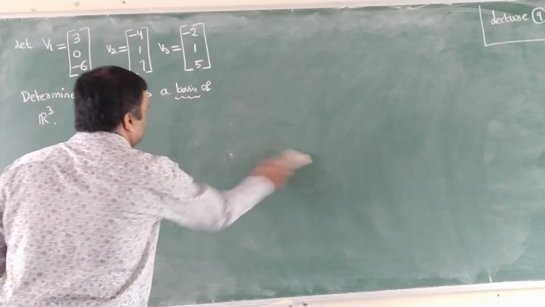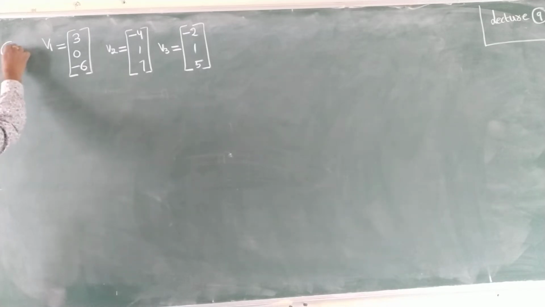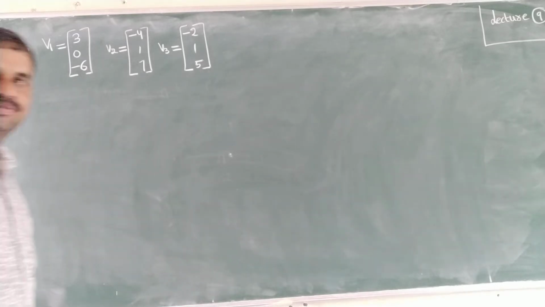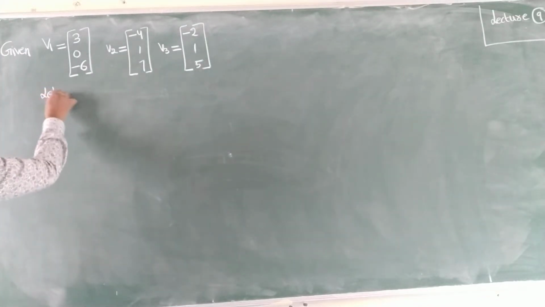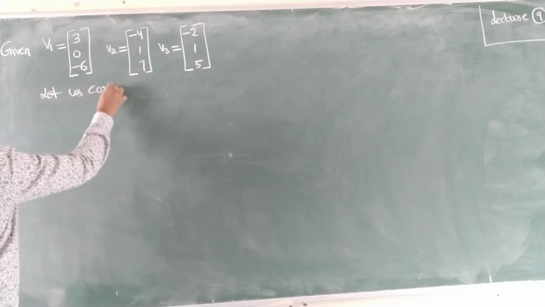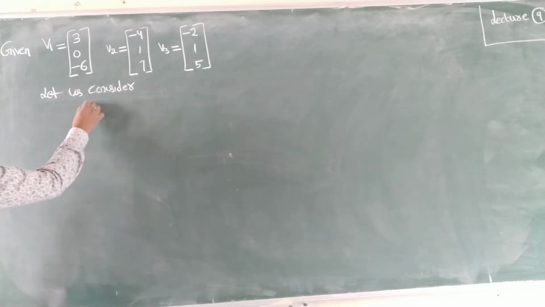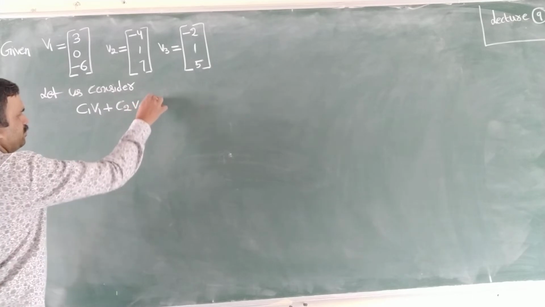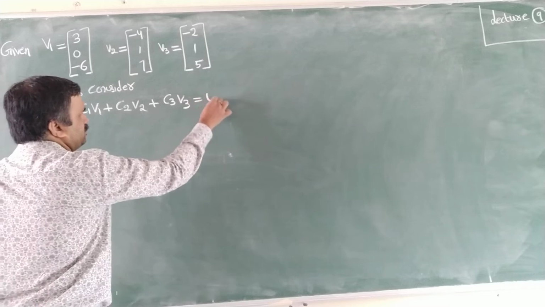Now, the second case. Given V1, V2, V3, let us consider C1 V1 plus C2 V2 plus C3 V3 equal to U bar.